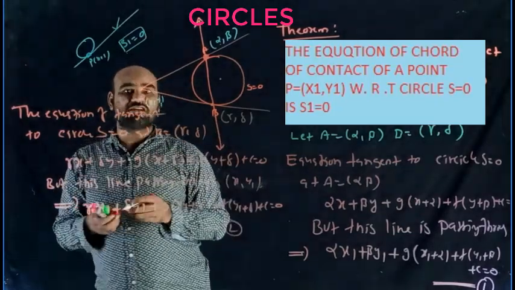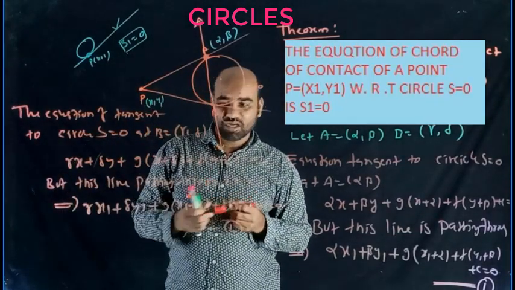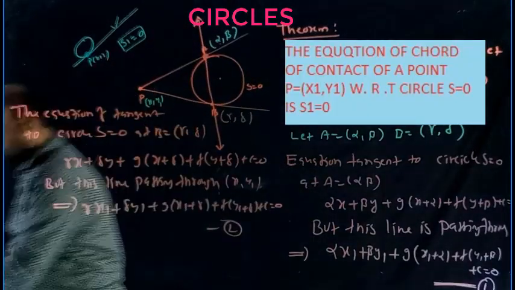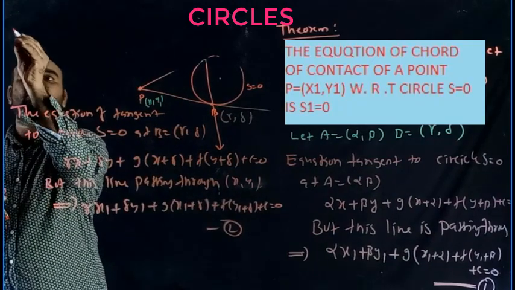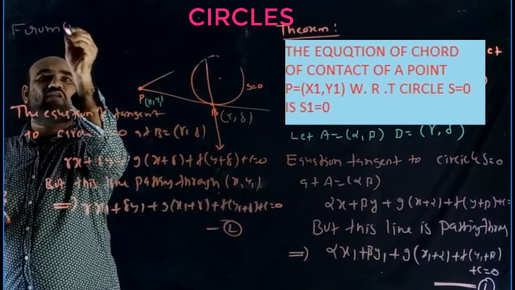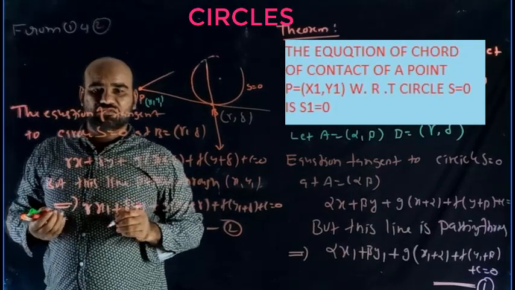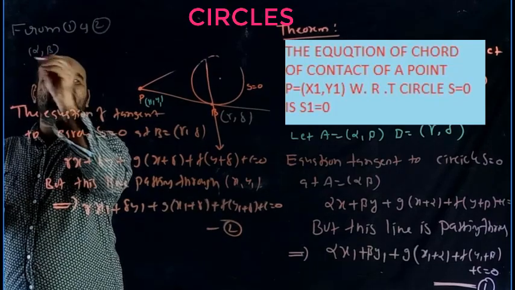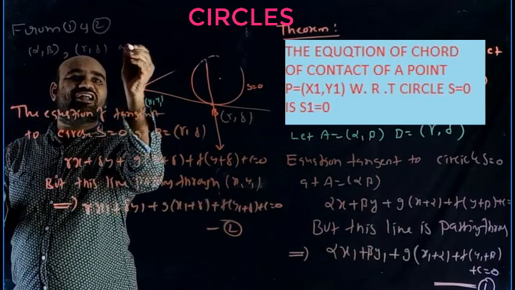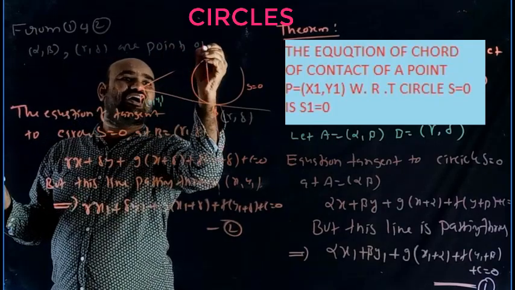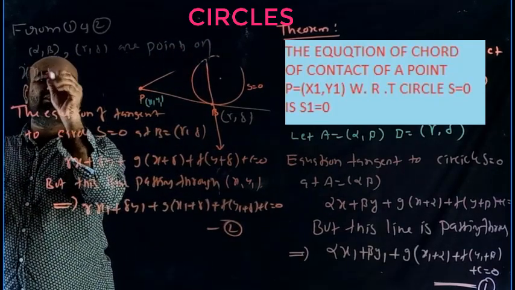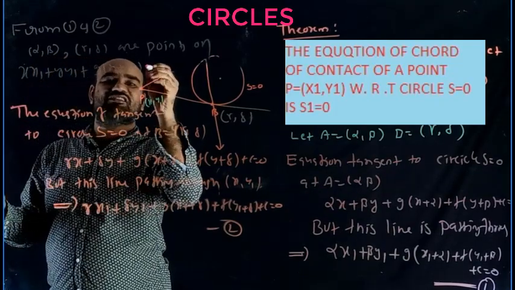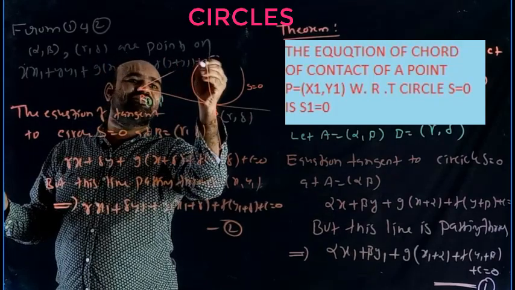So now you want an important conclusion. Observe this and this. From 1 and 2, alpha comma beta comma gamma comma delta are points on xx1 plus yy1 plus g times of x plus x1 plus f times of y plus y1 plus c equal to 0 only.